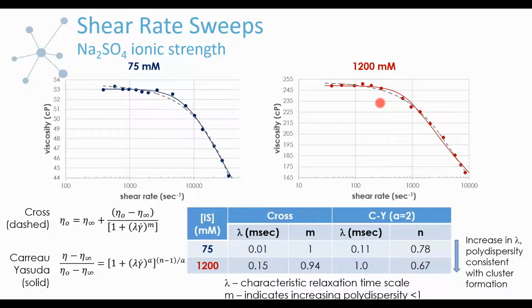So visually you can pull it off, and because shear rate is inverse time, if we have an onset of shear thinning occurring earlier, then the characteristic relaxation time is longer, which means that if we want to correlate to, say, diffusion of objects, which again will become a little more clear in the next slide, then this would correlate to a larger object or perhaps cluster, if that's a possibility in your system.